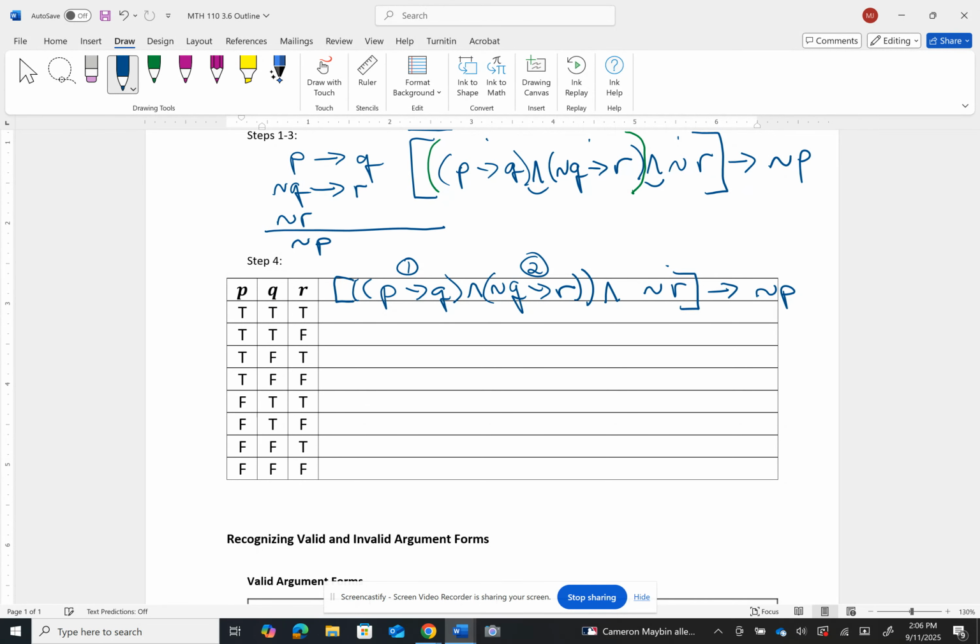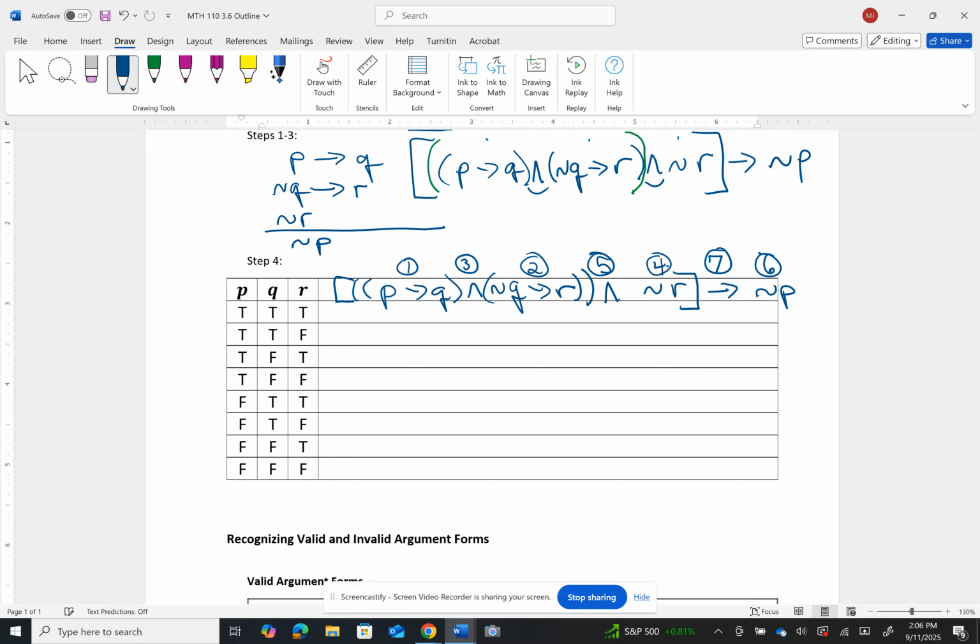After I get that done, I'll come back and do this and here, and I'll put it together with the not R. And that'll be this statement here in the middle. Then I'll take that one and this one here and put those together to get my final answer.